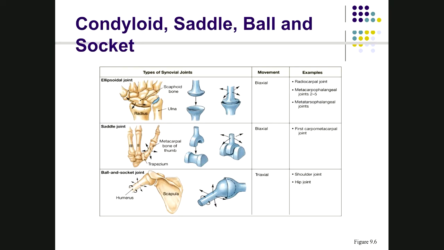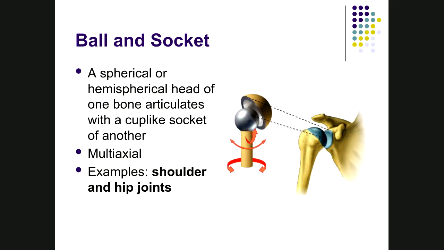And then the last one is the ball and socket. Again, it's really easy to picture because it's a ball and a cup, a socket. We only have two of these joints. One is the shoulder and one is the hip. Think about the movements your shoulder can make. It can do all kinds of things.